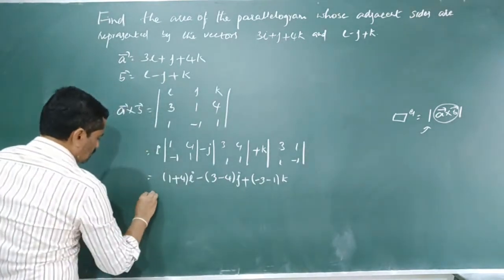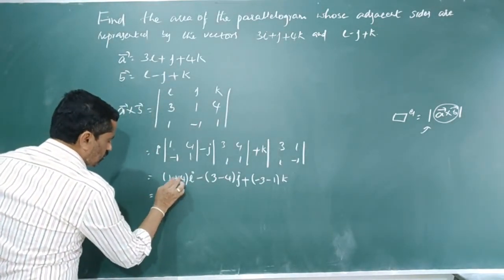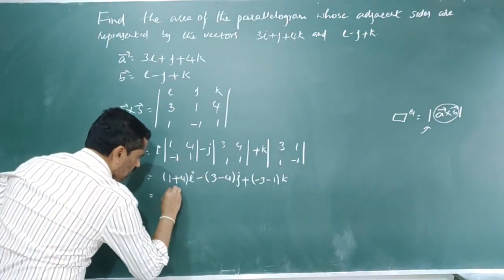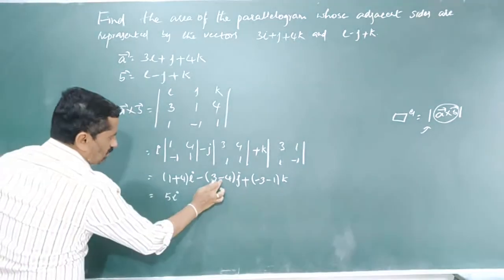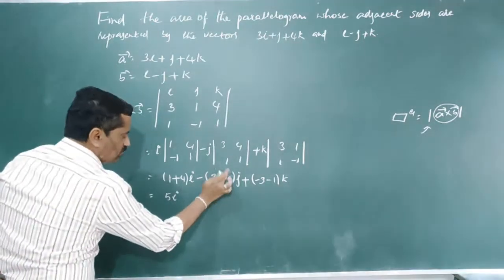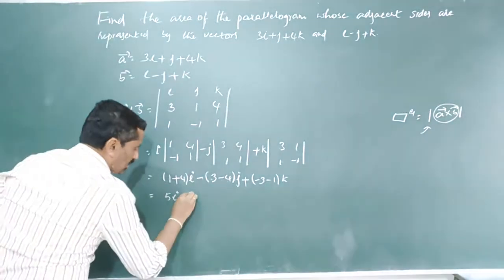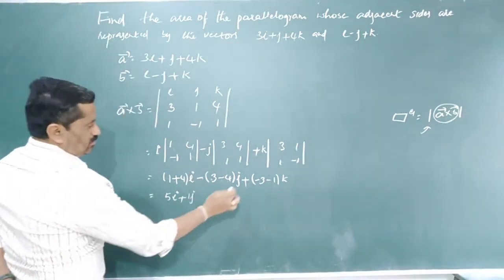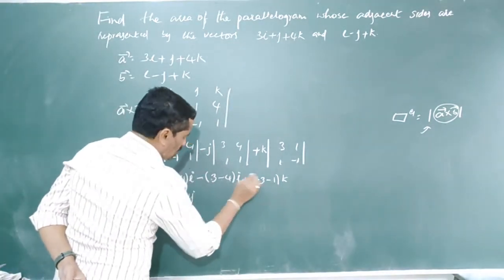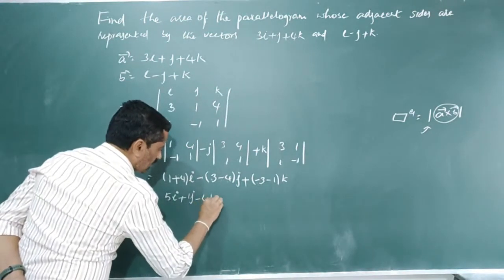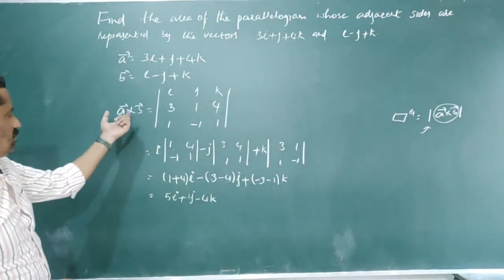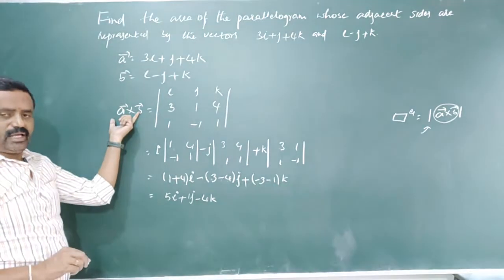Again simplification: 1 plus 4, we have 5i; 3 minus 1, 3 minus 4, we have minus 1, minus of minus plus 1 j; minus 3, minus 1, we have minus 4k. Now apply magnitude for a bar cross b bar.